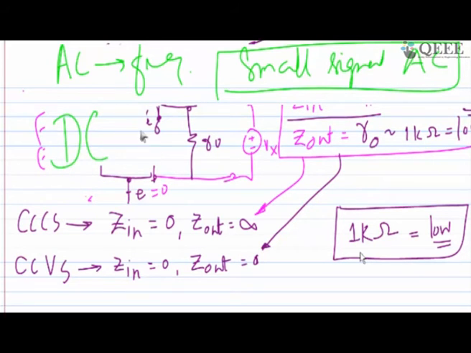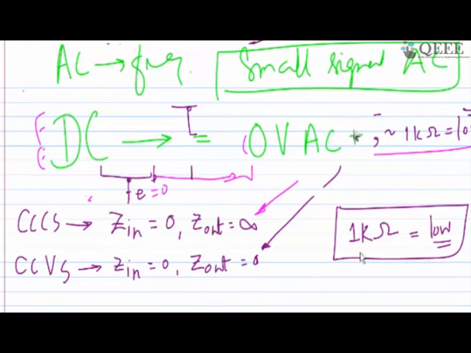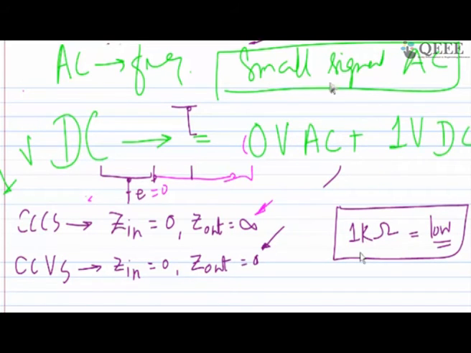Wherever I am seeing DC, DC is equal to how much? It's 0 volt AC plus, let's say I am applying 1 volt DC, so plus 1 volt DC. Right now I am doing only AC analysis, not DC. So during this analysis, I am going to use 0 volt AC, or call it ground.